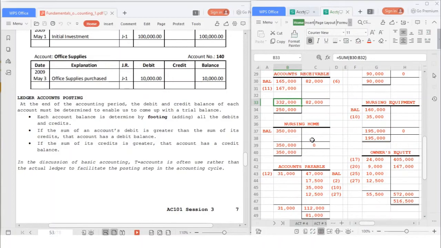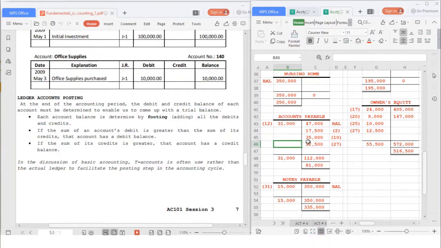Now, if we look at our accounts payable, the credit side is bigger. So, meaning, that cross-footed amount, again, this is cross-footing. Let me reiterate: what is highlighted are the footed amounts first. The cross-footed amount is when you compare the debit or credit side.